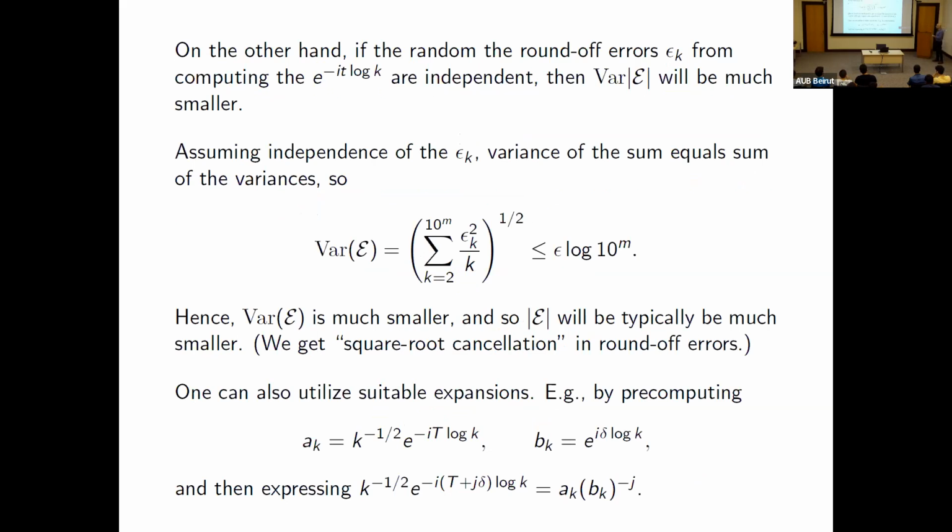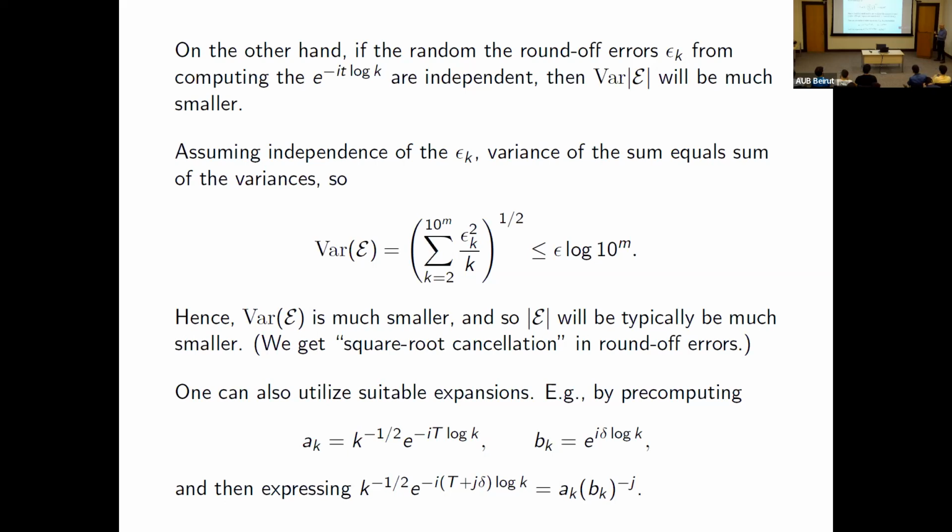On the other hand, you can think about the epsilon sub k's that come from reducing modulo 2 pi as behaving like random independent variables. When you have independence of random variables, the variance of the sum is equal to the sum of the variances.